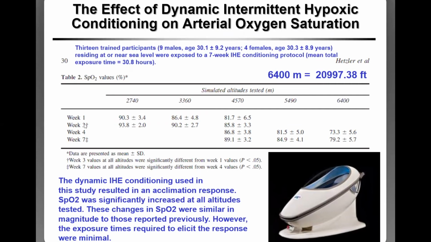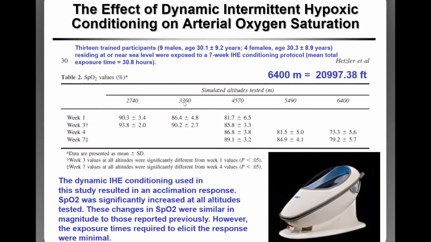So what this is showing is at different altitudes ranging from 2,700 meters to 6,400 meters. And these are simulated altitudes, which means that the level of oxygen was reduced to match what would be available at these altitudes.